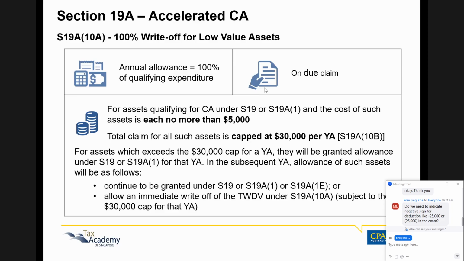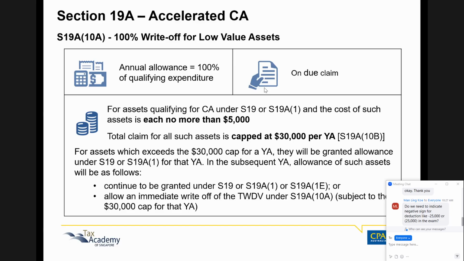Okay, so the thing is that if I have a lot of assets, let's say all are under $5,000, but I hit the $30,000, so what do you do? You claim up to $30,000. But this is on a per-asset basis. Let's say the last item is like $1,000, but after you put all these items under the $30,000, you are at $29,500.